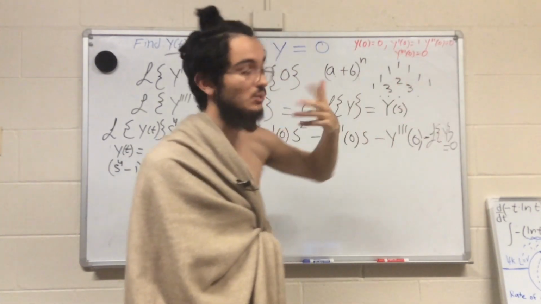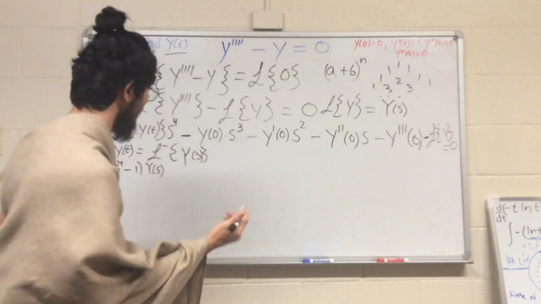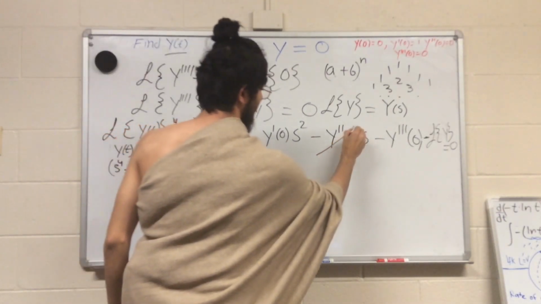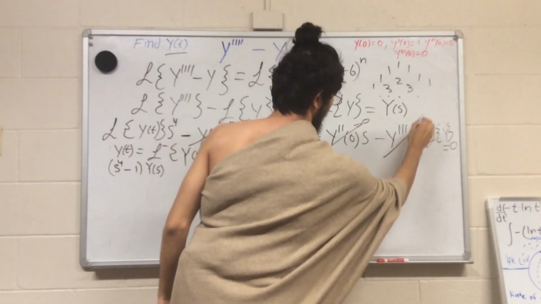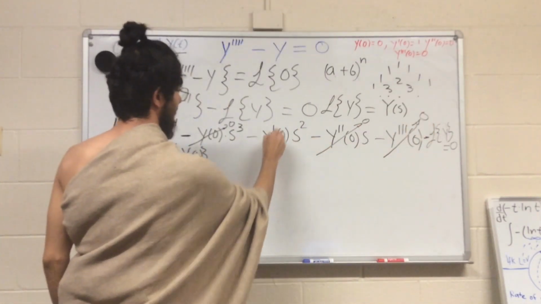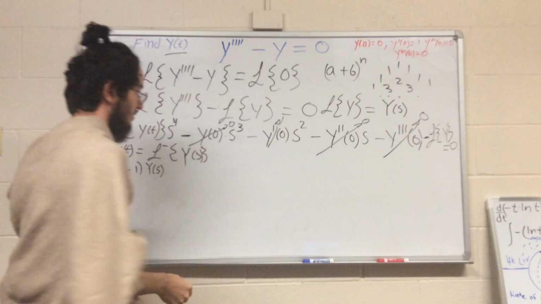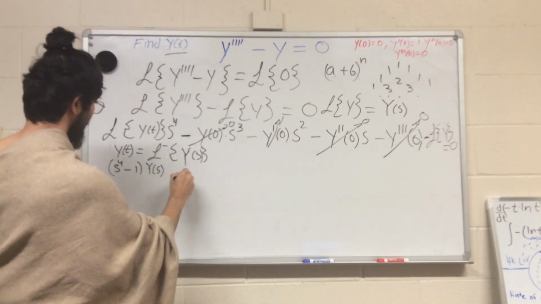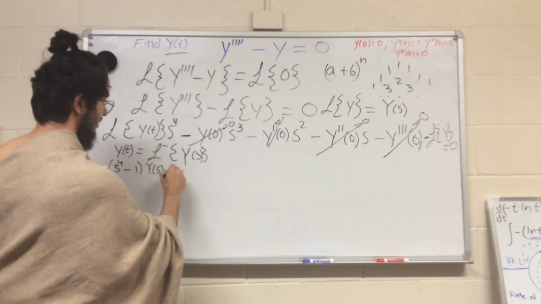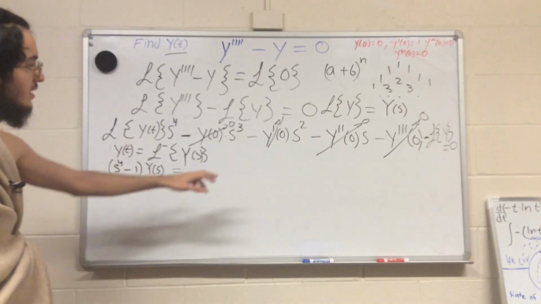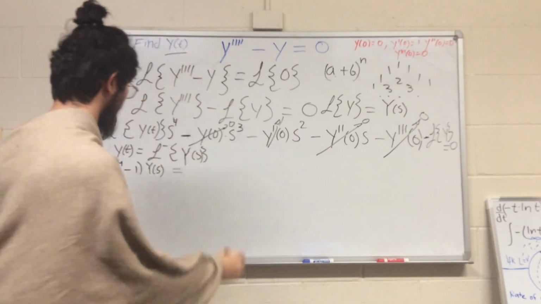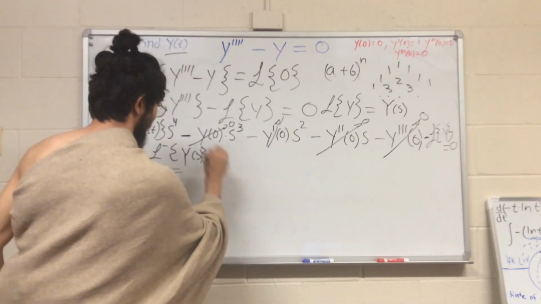For the first derivative, it's 1, so y prime of 0 is 1. So clearly, this goes to 0, this goes to 0, and this goes to 0. Then over here we have 1 times s squared, negative s squared. So all of this will be equal to, in this case positive, so we add it on the other side, s squared.